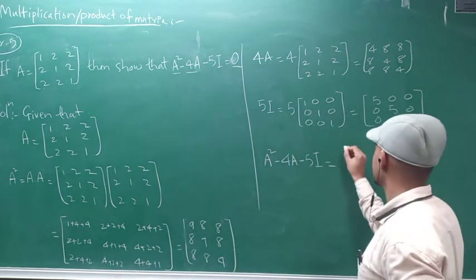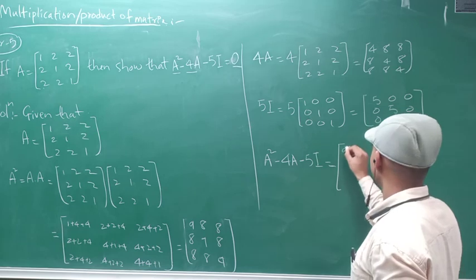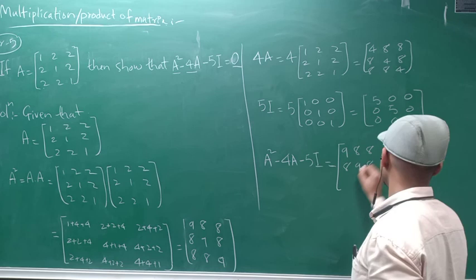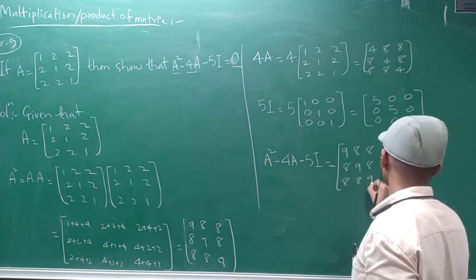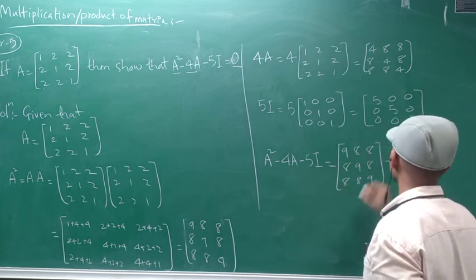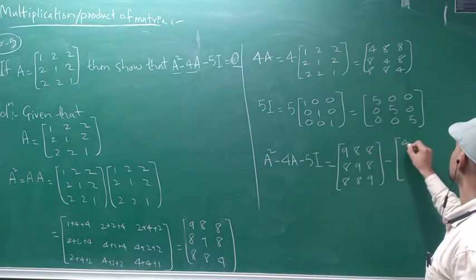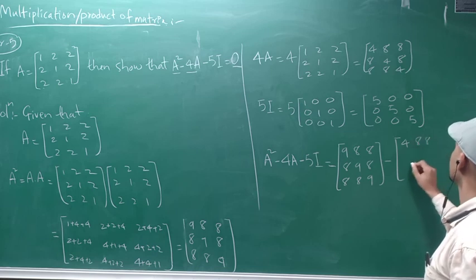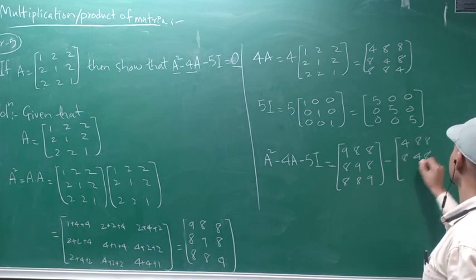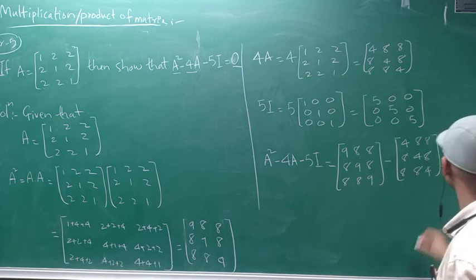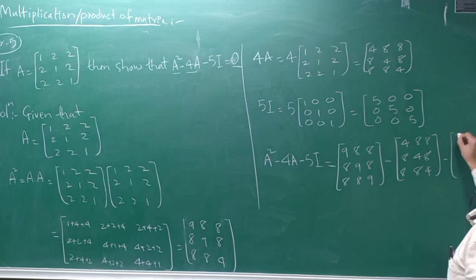A square is nothing but [9, 8, 8; 8, 9, 8; 8, 8, 9], minus 4A, which is [4, 8, 8; 8, 4, 8; 8, 8, 4], minus [5, 0, 0; 0, 5, 0; 0, 0, 5].